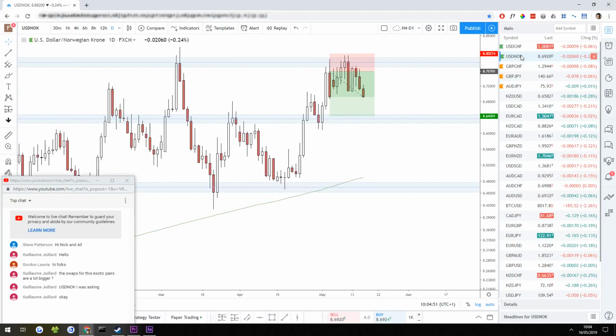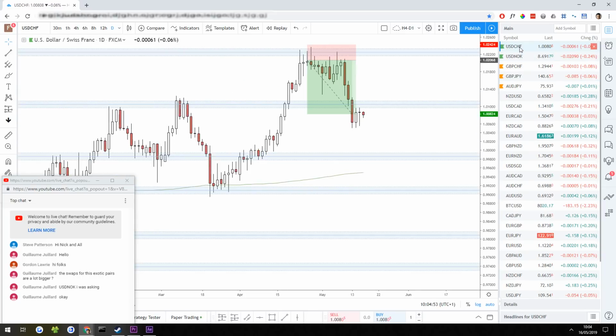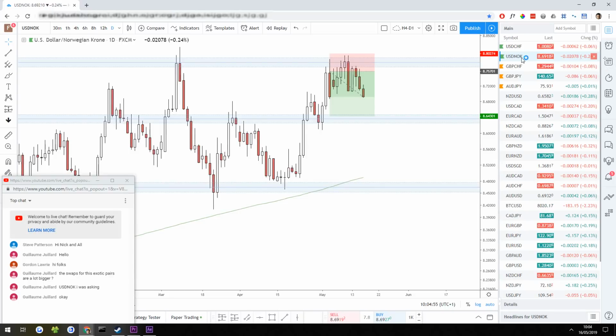My broker, USD NOK, is not as bad. It's based on the country's official interest rate. So it doesn't matter if it's an exotic pair or not. It's just what the interest rates are in the country. But it does vary from broker to broker.